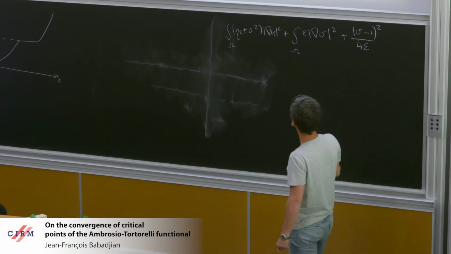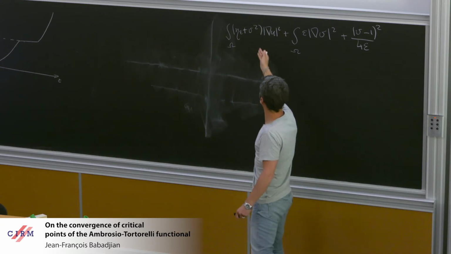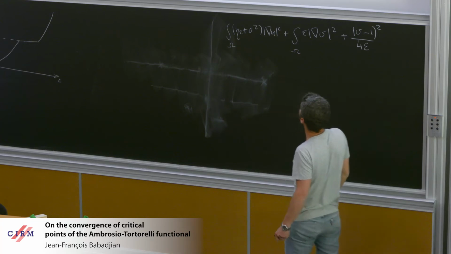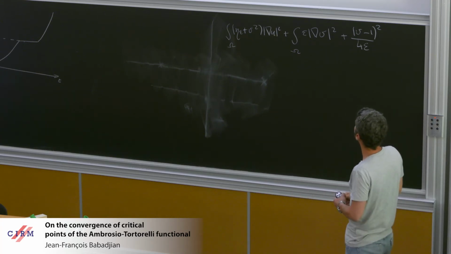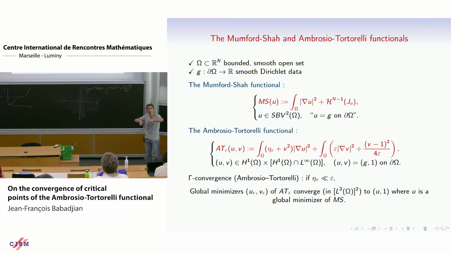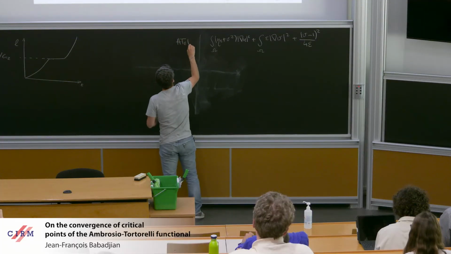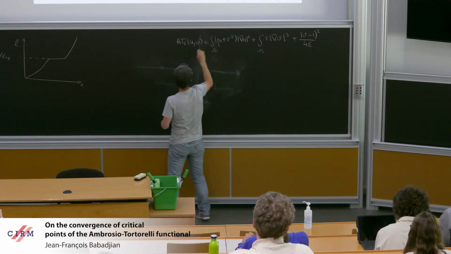In particular, the gradient of U is allowed to be very large, and in that part, V is intended to be very small. So roughly speaking, V, the phase field variable, wants to be equal to 1 everywhere in the domain, except where the gradient of U is very large, which means where U should experience jumps. Okay? So this is the Ambrosio-Tortorelli functional that I call AT epsilon of (U, V).